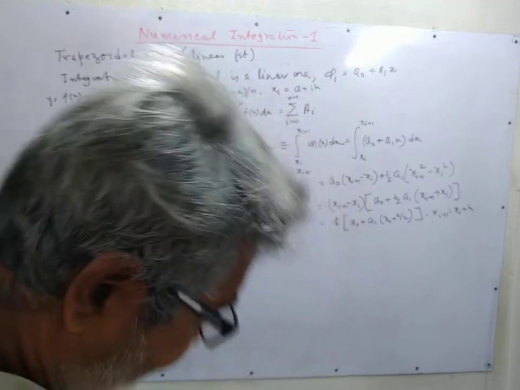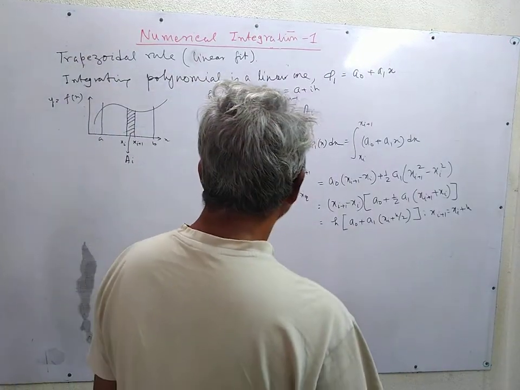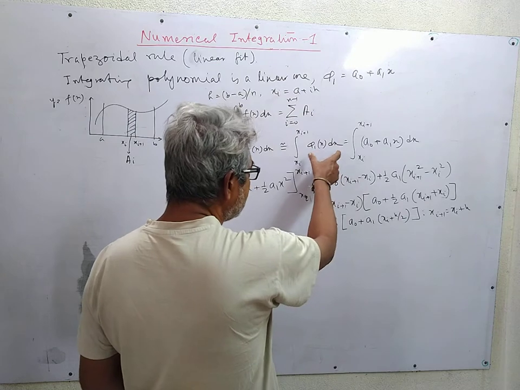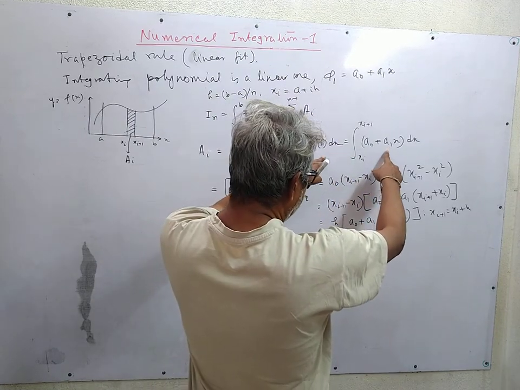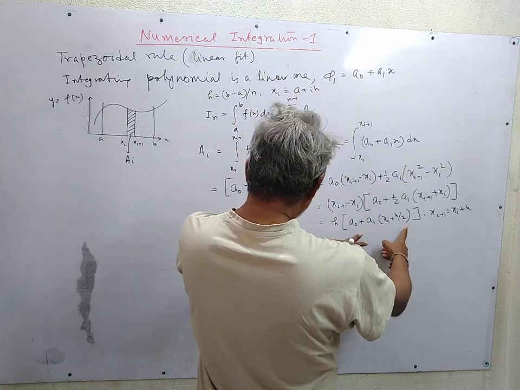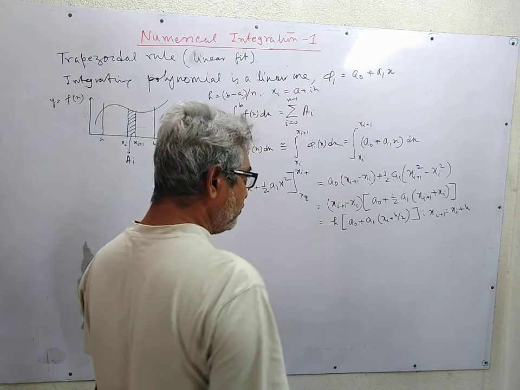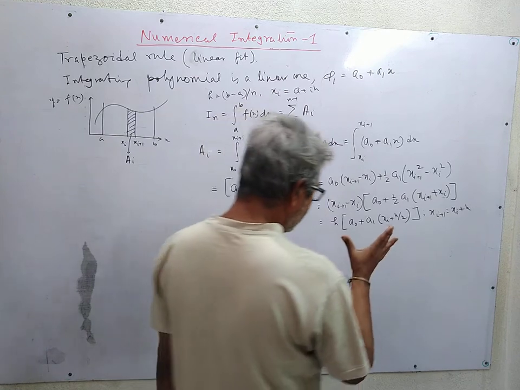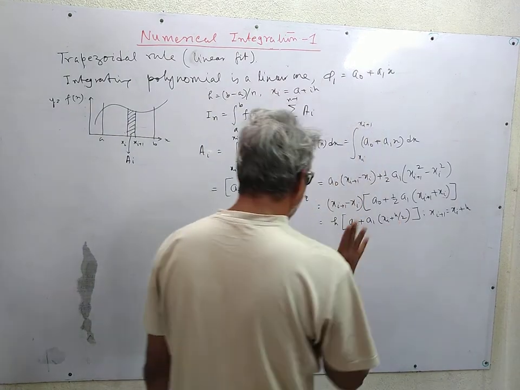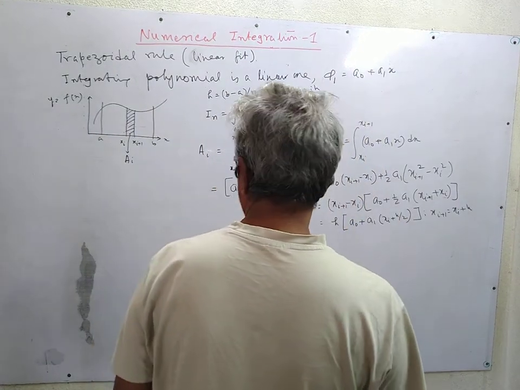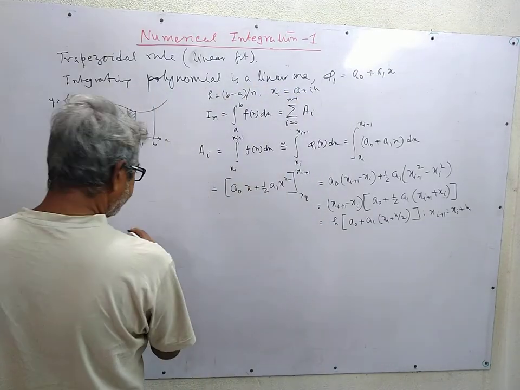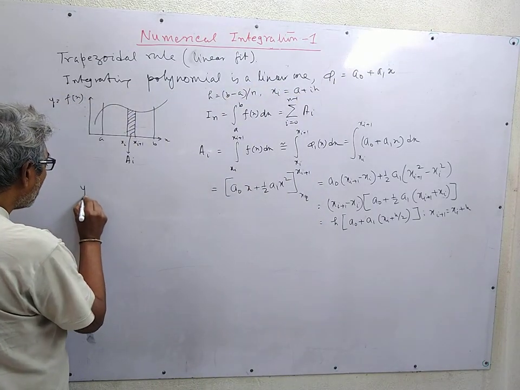So to say, if we assume this particular form of the integrating polynomial, the corresponding area ai is this. Our aim is to express this result in terms of yi and yi+1. Now we consider yi.